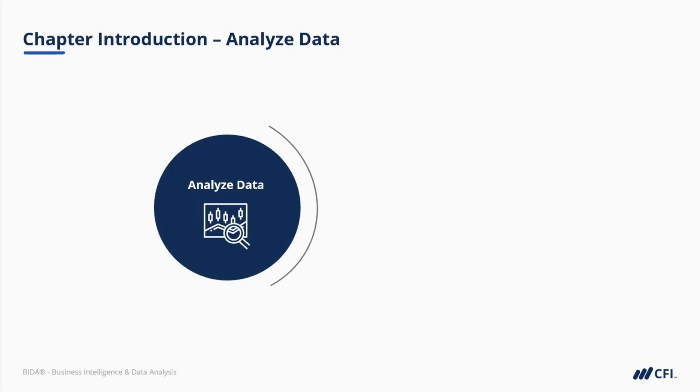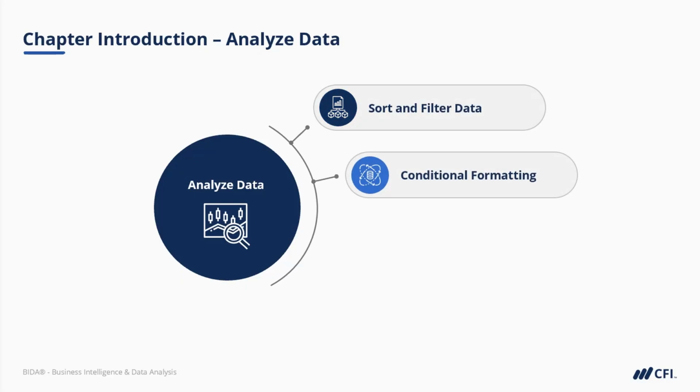We will use a combination of features, from buttons on the ribbon to popular Excel functions. We will go through a few different examples to see how we can do a few different things. We'll look at how we can sort and filter our data, how to apply conditional formatting to our data to help communicate insights more clearly.